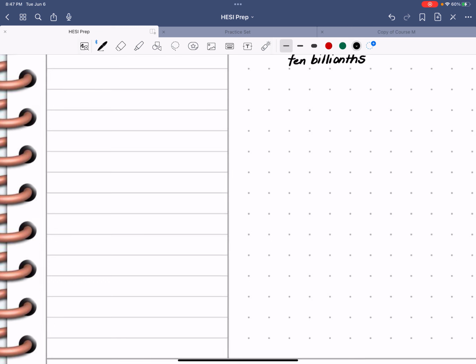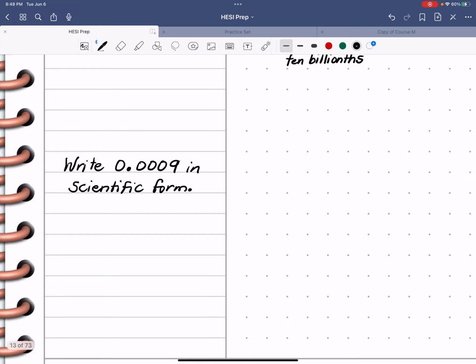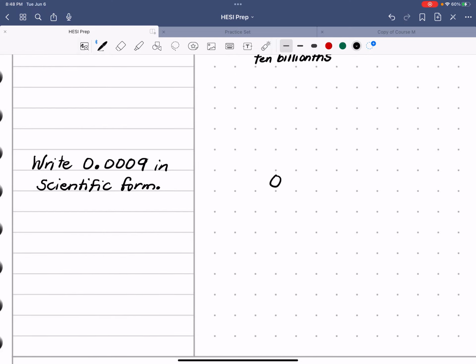All right, here is another one. This time I want us to write this number, which is in standard form, in scientific form. Okay, so we have 0.0009. Now I know that scientific form involves 10, and I know we're going to have a negative exponent because we're dealing with a decimal.